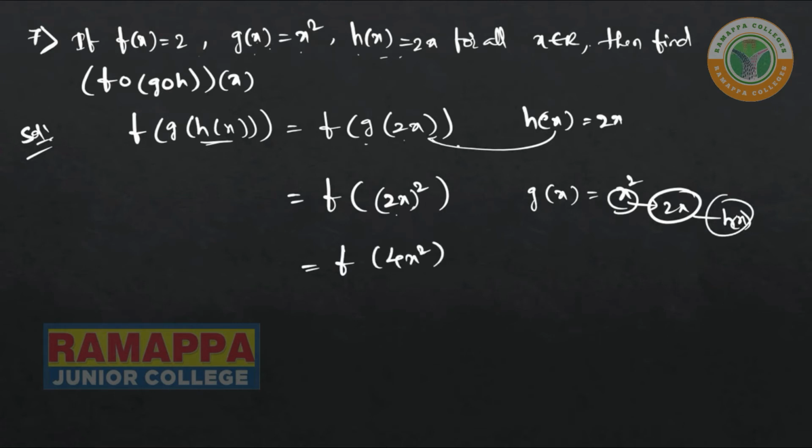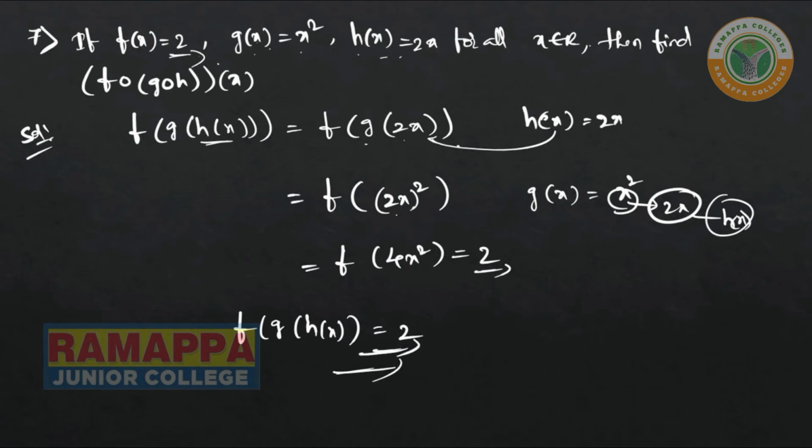Now f of x is equal to how much here? 2 only is given, so this is a constant function here. So f of 4x square is equal to 2 only, the answer here. Now f of x is equal to 2, so the total value f of g of h of x is equal to 2, the answer here.